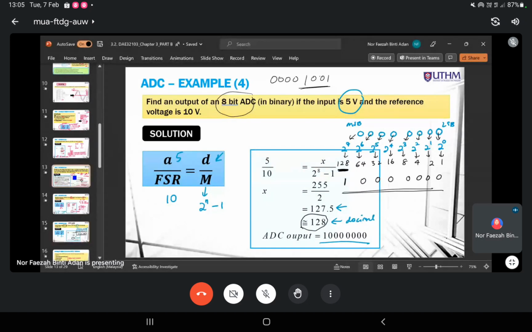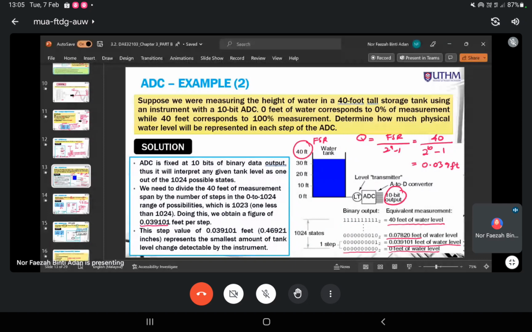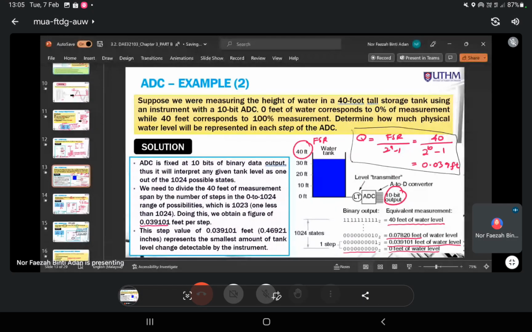And then, conversion from the actual decimal value, or what we call the quantization value: Q equals FSR over 2^N minus 1. What do you get from this equation? You get the quantization value, which means you get the increment for each voltage or current value, or you can directly get the increment of the physical variable.